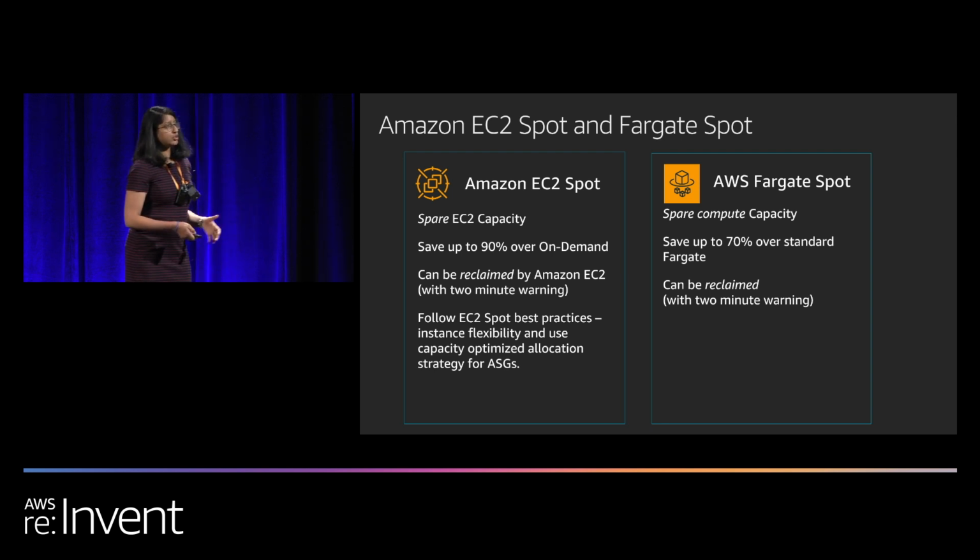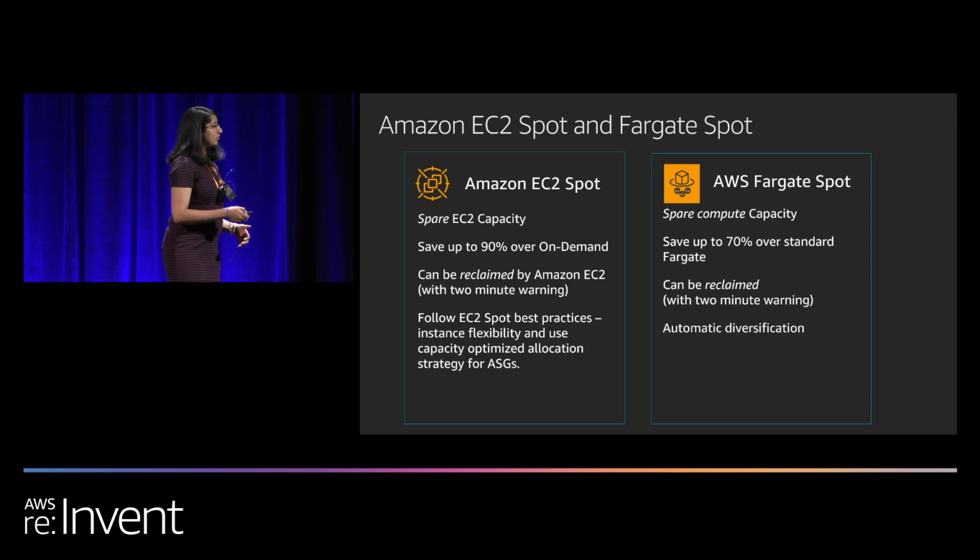And especially if you're using Autoscaling group to provision instances, we suggest you use mixed instance policies with capacity optimized allocation strategy. This will make sure you take advantage of Spot scale at lower costs. With Fargate Spot, you don't have to do anything because it's serverless and fully managed by us.